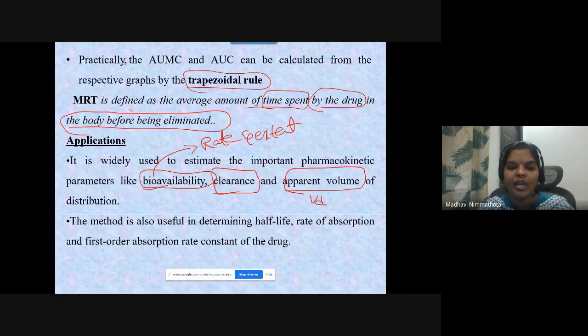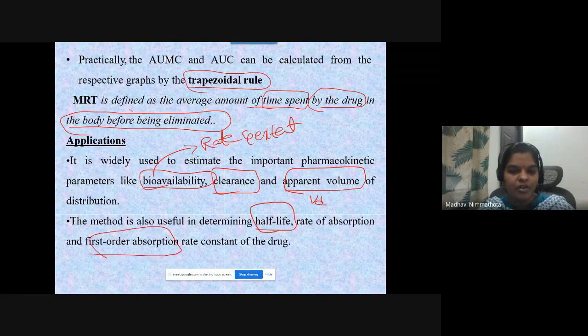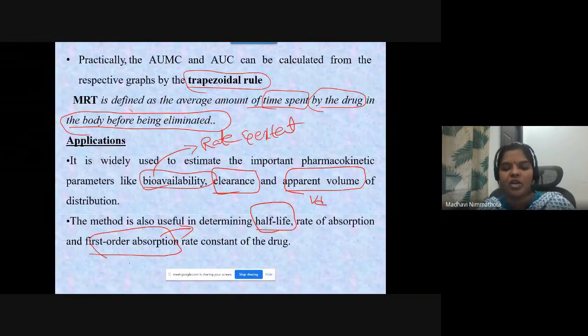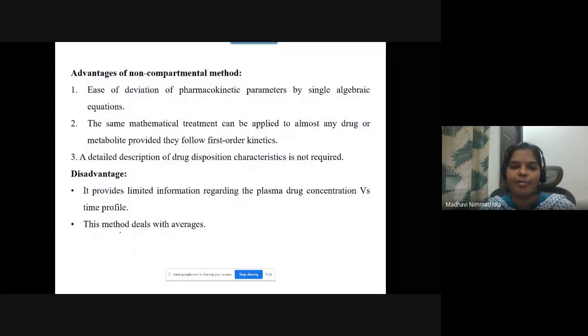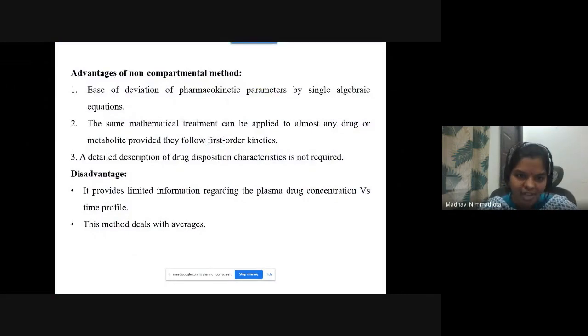So here we can calculate three different pharmacokinetic parameters, and this method is also useful to determine the T half of first order absorption of the drugs. First order means these are depending upon the concentration. So we can find out bioavailability, clearance, apparent volume of distribution, and the first order half-life of a drug. These are the applications.